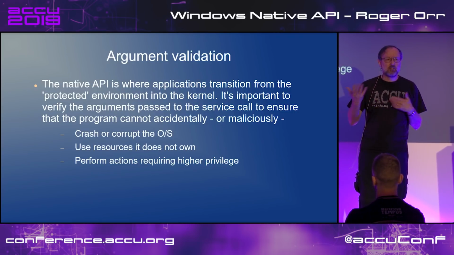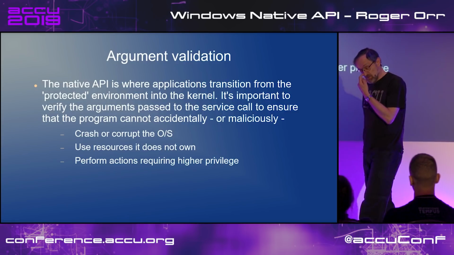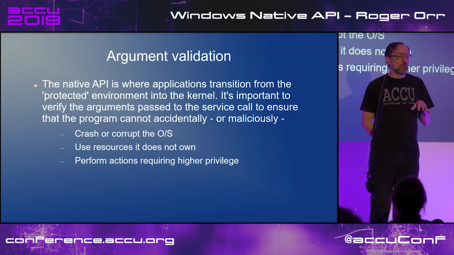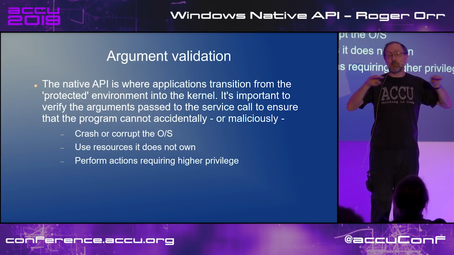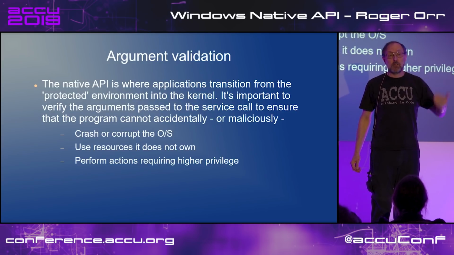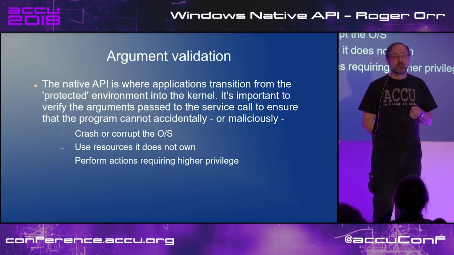It was a PC, and people didn't care too much about security. The world has changed a little bit since then. So there's a lot of work that goes on in Microsoft to ensure that that API is fairly well hardened. You shouldn't be able to do things you're not permitted to by passing unusual values to the API.